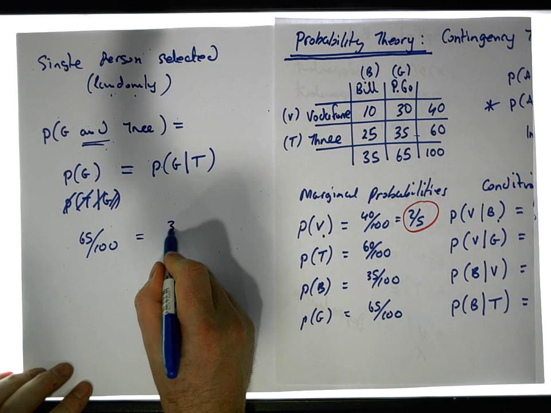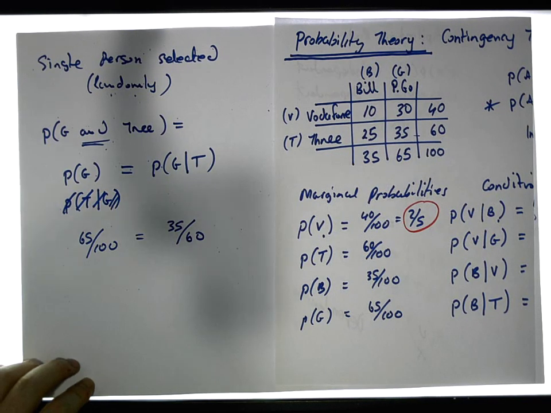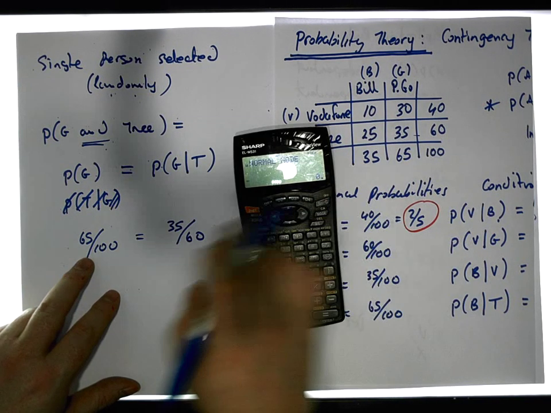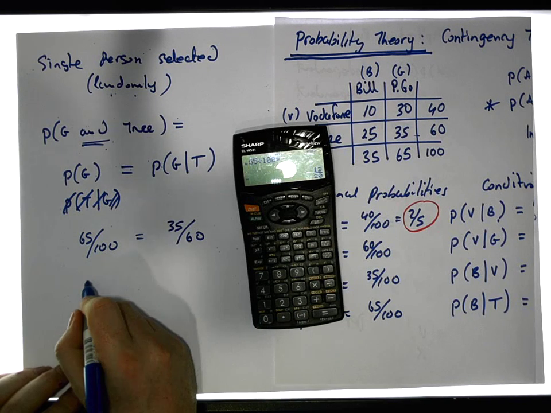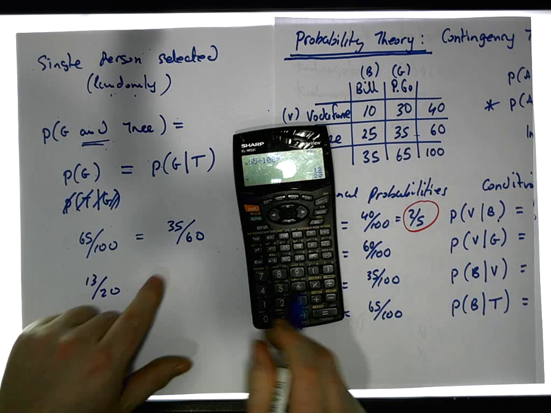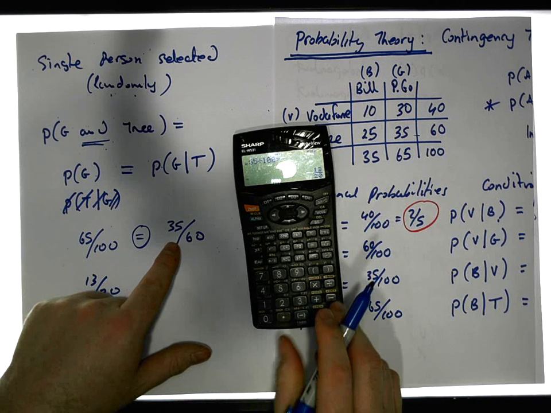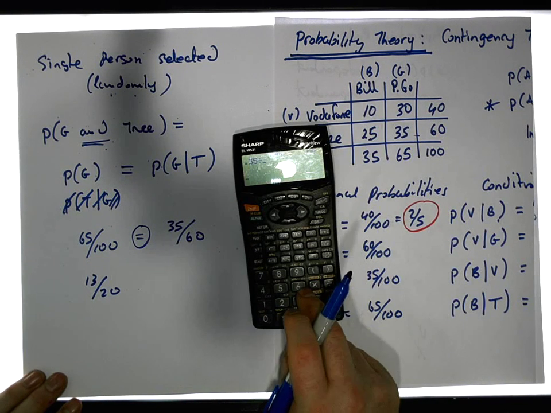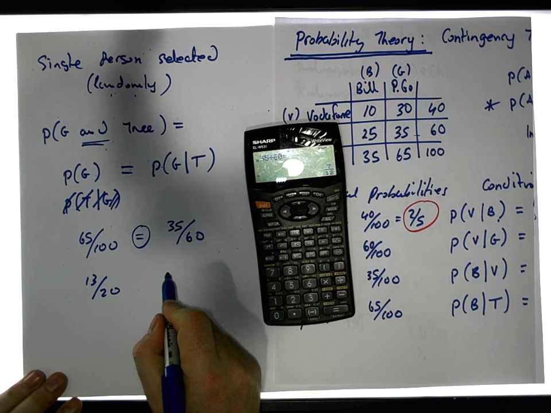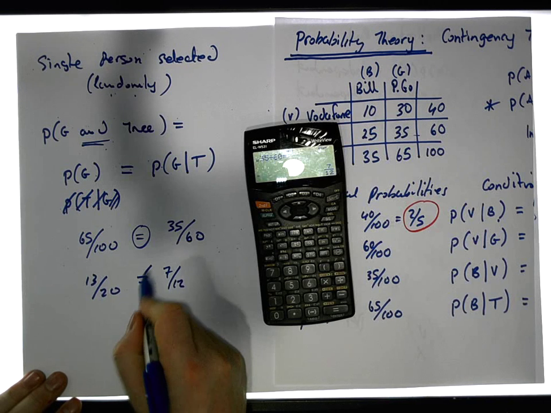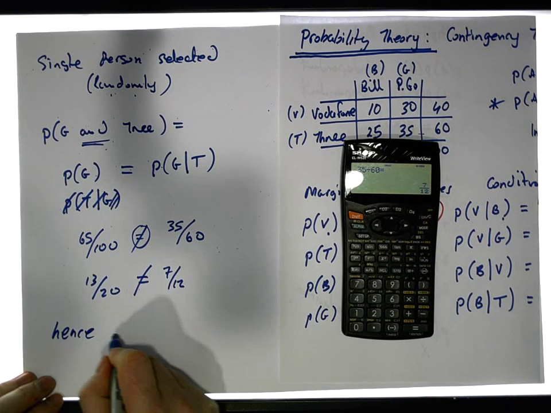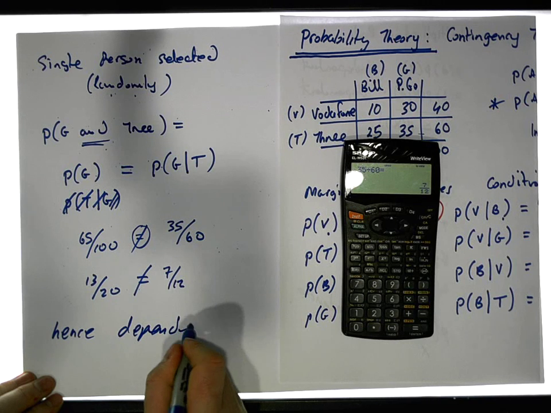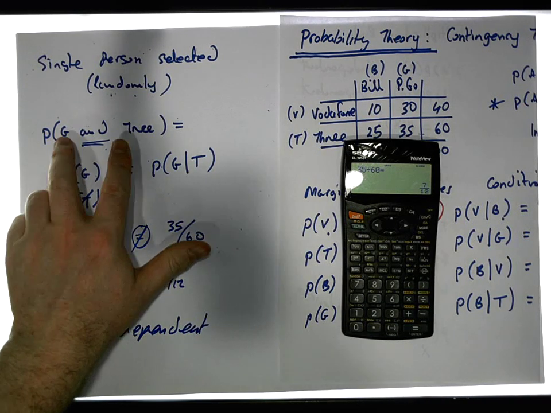Now if we just reduce them down, we could divide by 5. 65 divided by 100 is going to give us a value of 13 over 20, and the question is whether they're equal. 35 divided by 60 is going to give us a value of 7 over 12 in reduced form. And you can see that they're not equal. So hence they're dependent on each other. They're dependent. So now we can calculate this probability.